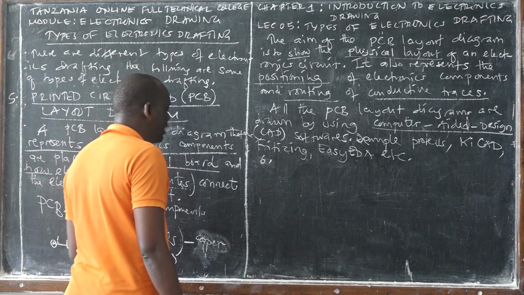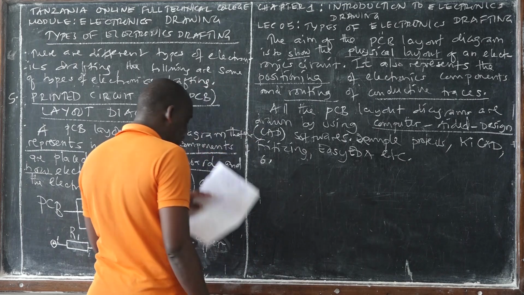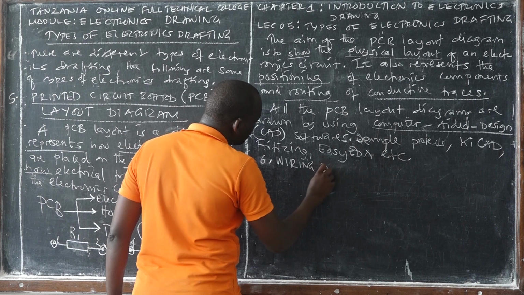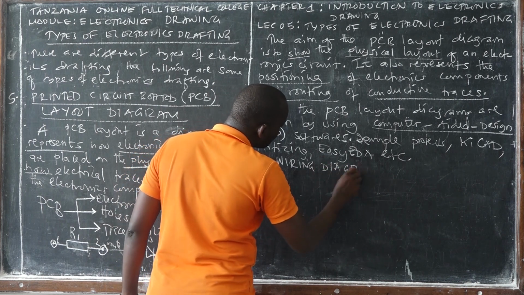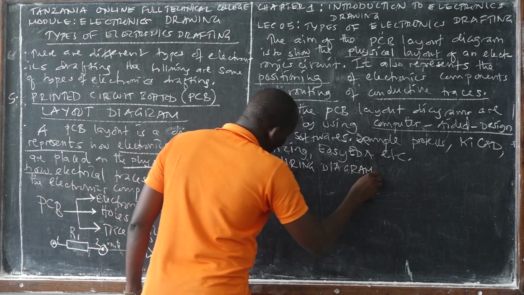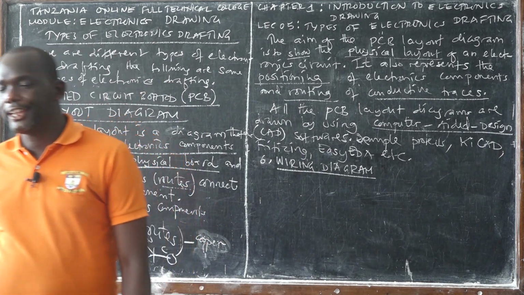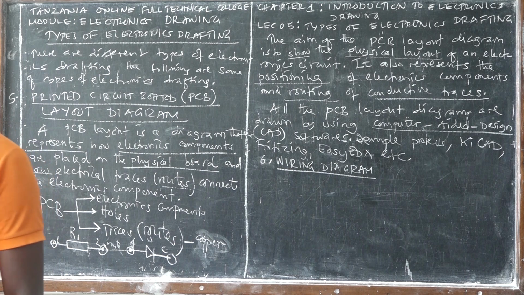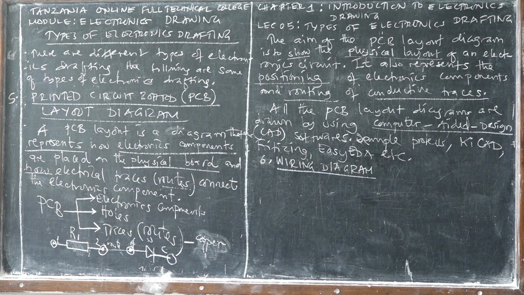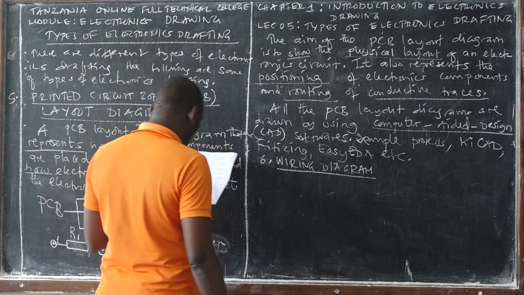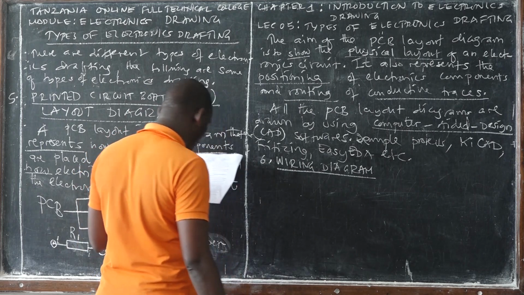So number 6 is called the wiring diagram. Say wiring diagram. We have discussed wiring diagrams, but we just discussed the differences between electronics drawings and electronics drafting.